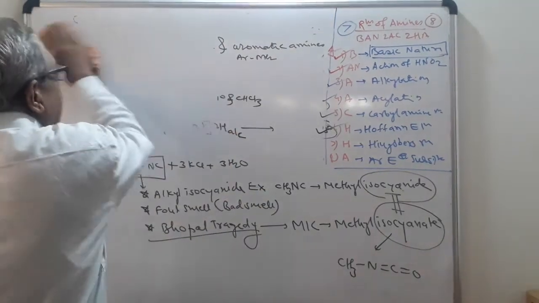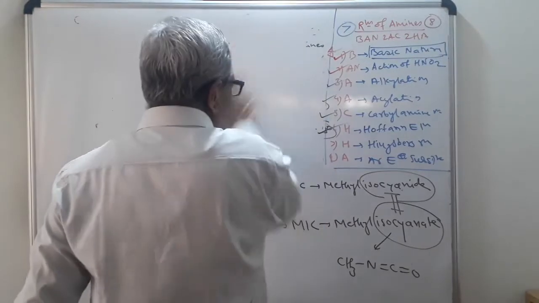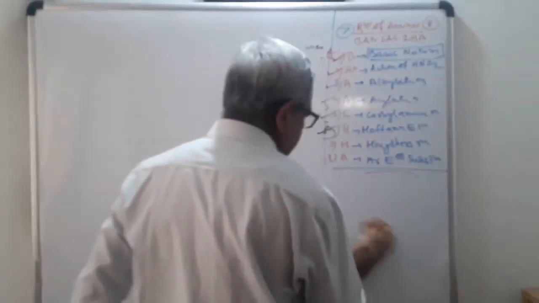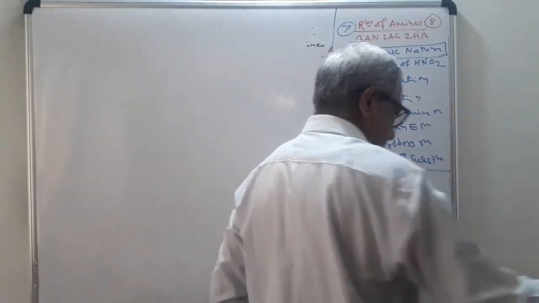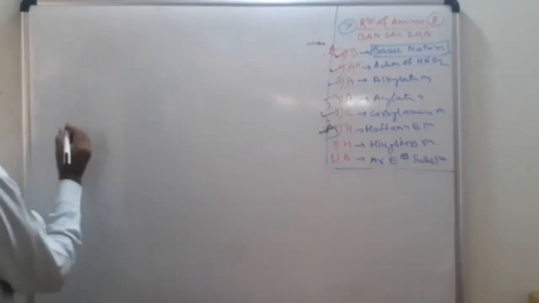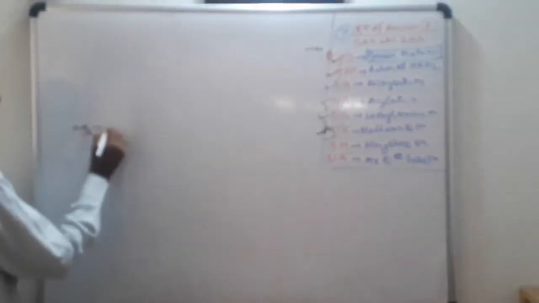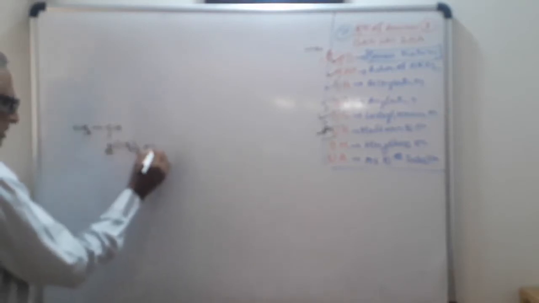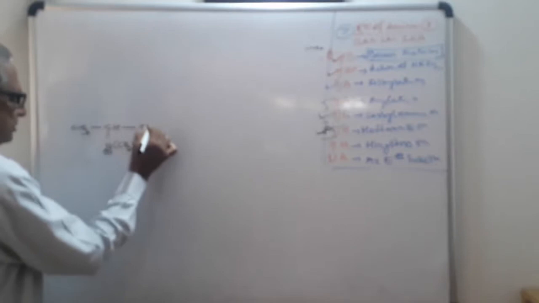Now I will start the next topic here, that is Hofmann elimination. Give the title Hofmann elimination. Now see the example here: CH3CH2N(CH3)3 with positive charge balanced by OH minus, with CH2CH3.